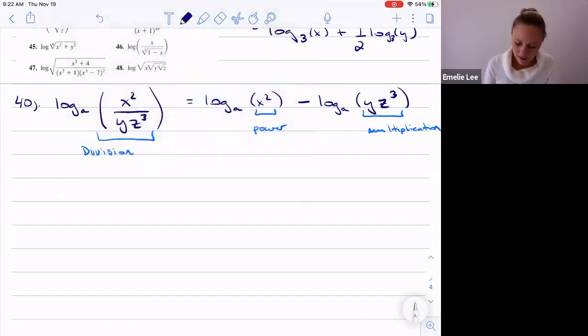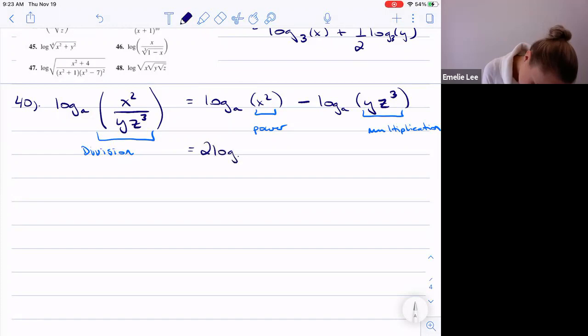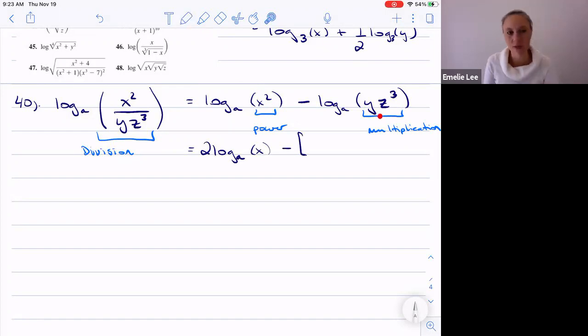So to expand this completely, I'm going to bring this power down in front. That's just a log law that we need to have a really good handle on, right? Even if the x isn't in the power, if I want to expand this as much as possible, then I bring this 2 down in front. So I get 2 times the log base A of x minus, and now because I'm going to expand this multiplication, right?